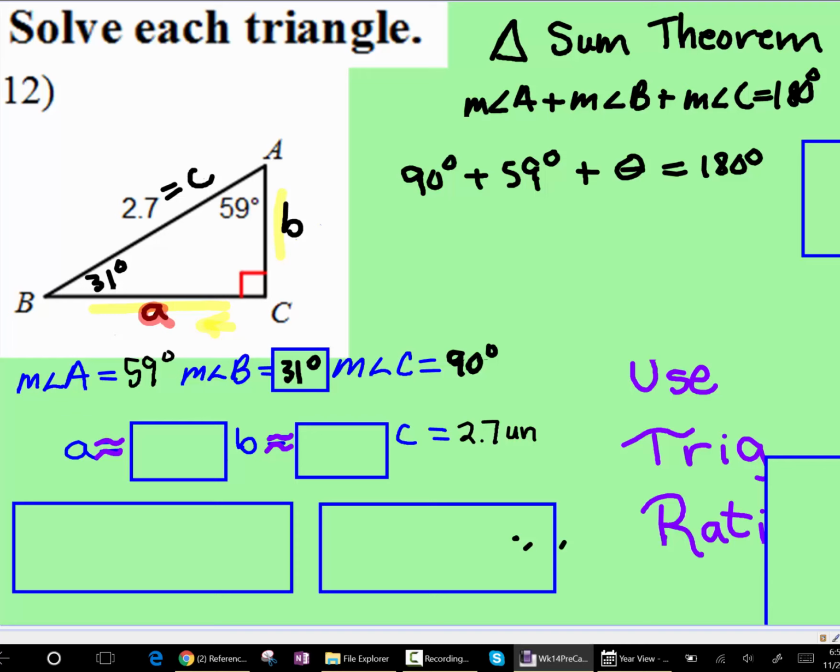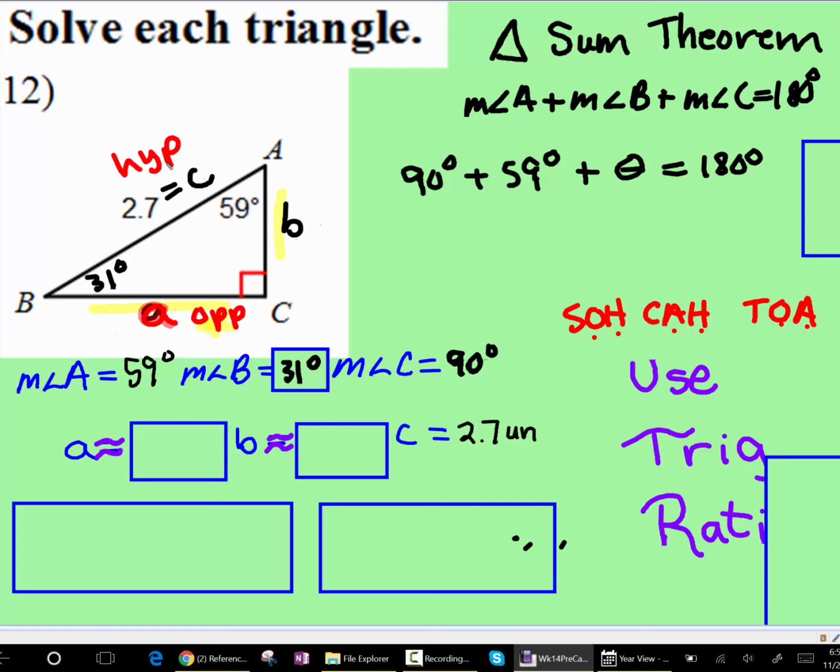Look at what we know. Side a is opposite the original given angle. This is the opposite side. And this is the hypotenuse. So when you're looking at trig ratios, SOH CAH TOA: opposite over hypotenuse, adjacent over hypotenuse, opposite over adjacent.